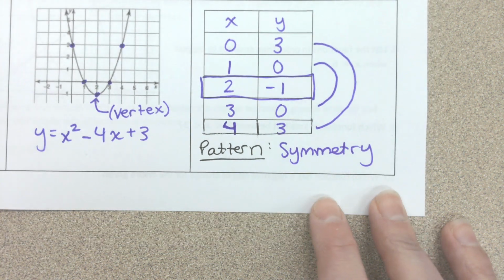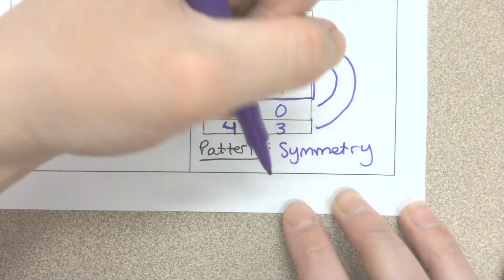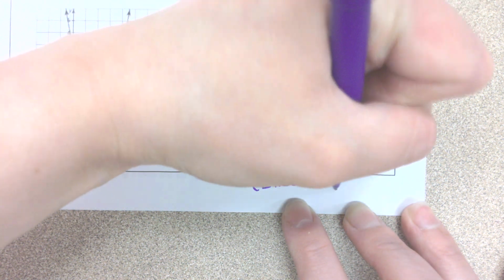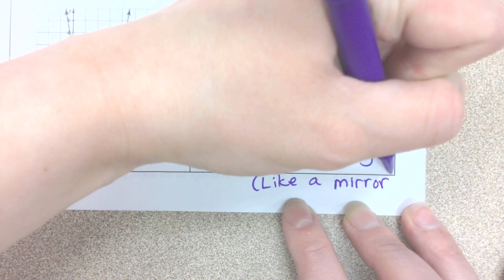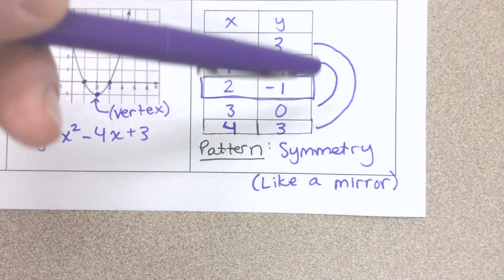And I like the answer Dorothy gave me. Mirrored is great. Like a mirror, that's a very obvious way to describe it. So that's what we're looking for. We're looking for that curve effect happening here.